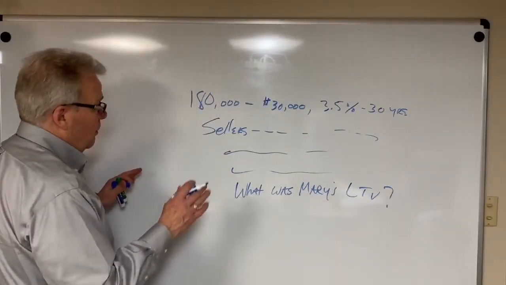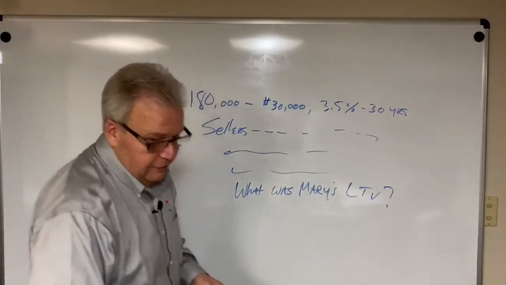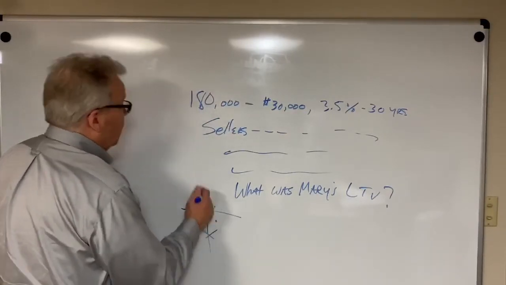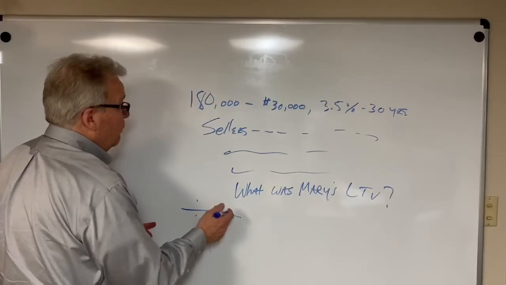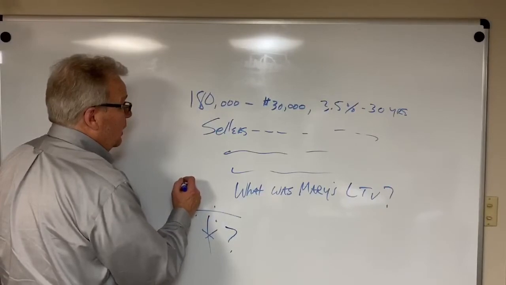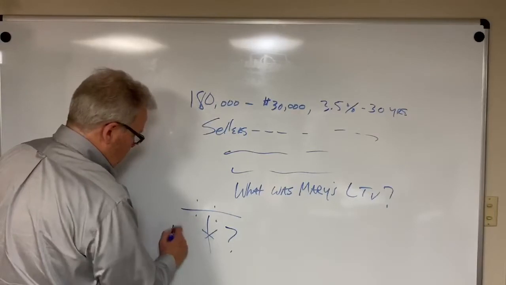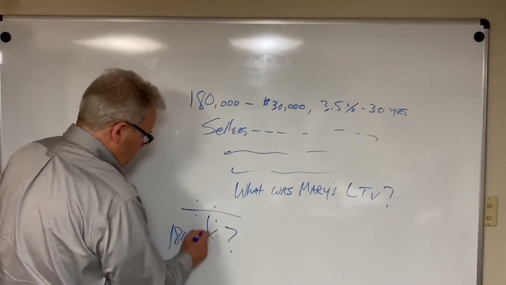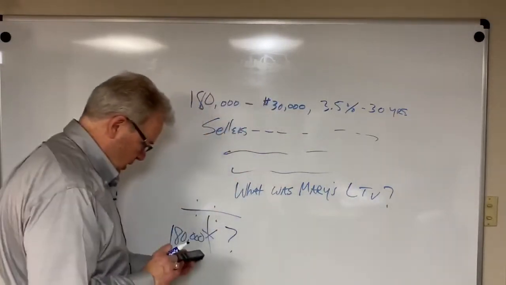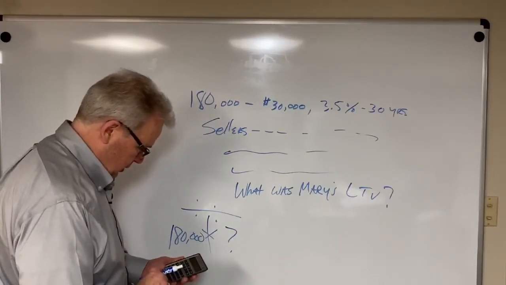So, or wait, this could be a problem here, a question. This would just be a T formula, which would be, we're solving for her loan to value ratio. She got a $180,000 loan. She put $30,000 down. So I think this isn't what I was wanting to do, but we'll try this.